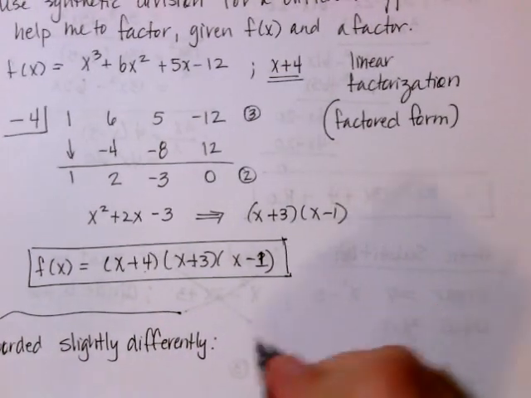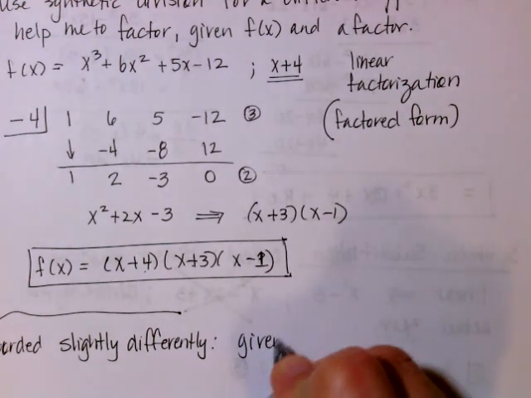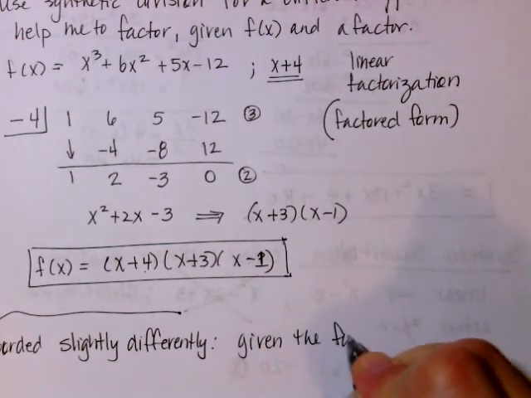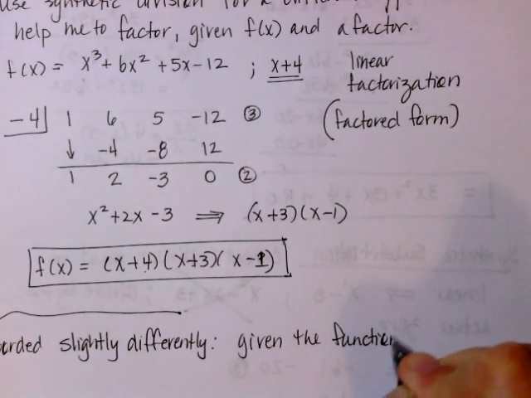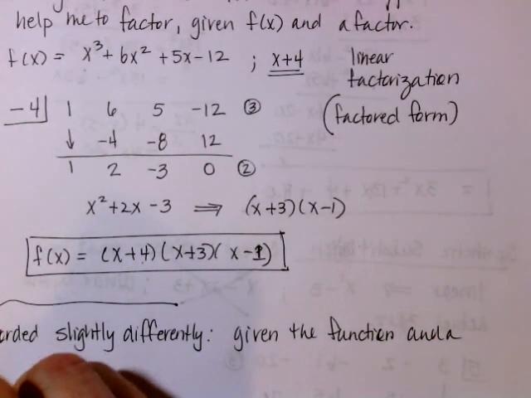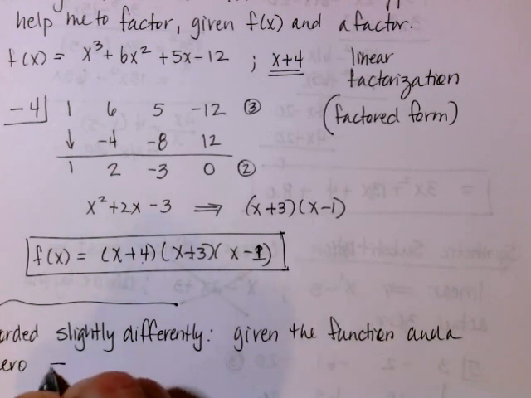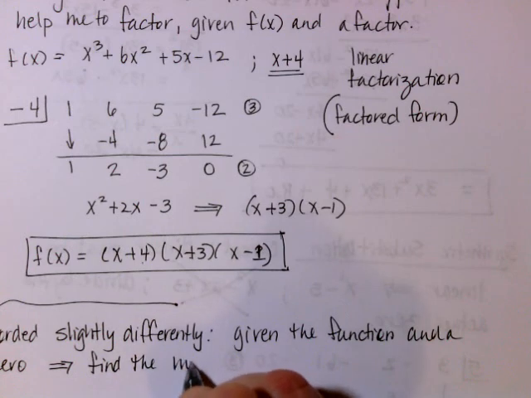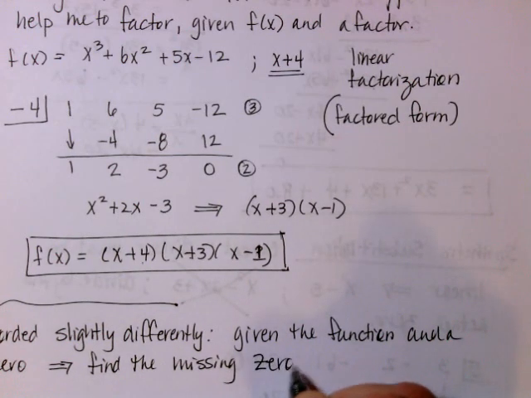All right, so now you're going to be given the function and a zero, and you're going to be asked to find the missing zeros. So now let's talk about what that means.